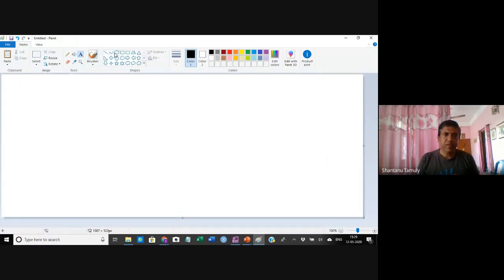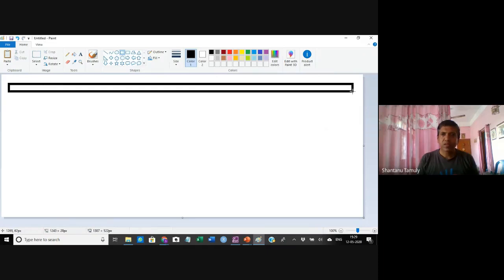Say this is the class 1 or class 2 MHC gene, and let us assume that this part is the exon 2, which is highly polymorphic.